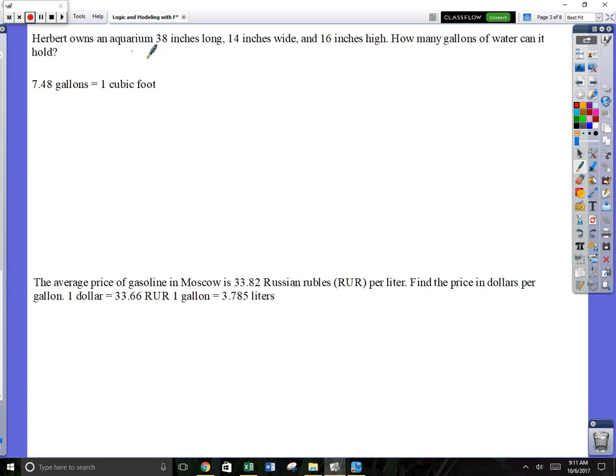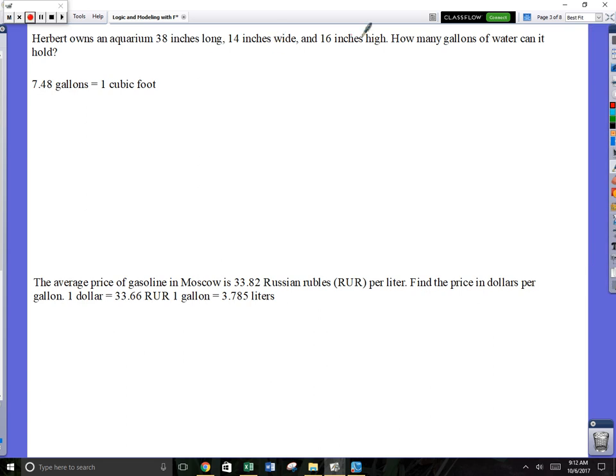So Herbert owns an aquarium. It's 38 inches long, 14 inches wide, 16 inches high. How many gallons of water can he hold? So first let's find the volume. So the volume is just base times width times height. So we're going to take his 38, times it by the 14, times it by the 16, and that is all in inches.